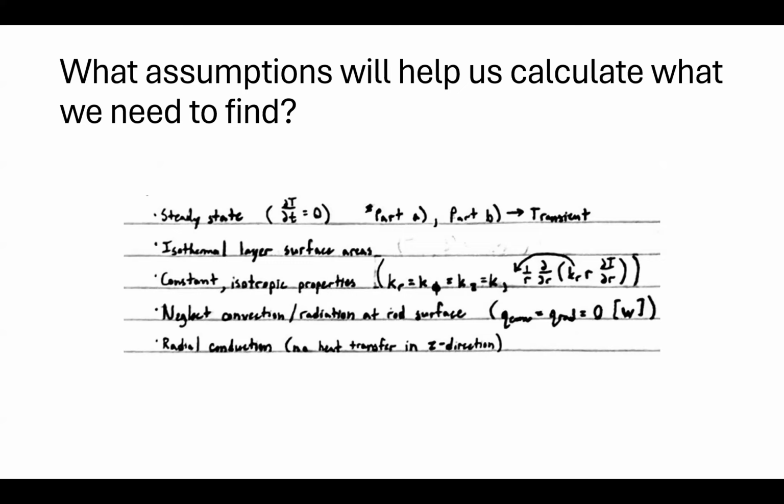We're going to assume that each cylindrical layer within the fuel rod is isothermal and has the same temperature all throughout that layer. We're going to assume that we have constant isotropic properties, meaning that the thermal conductivity in all directions is just equal to K. And then we can bring that term out in front of all of the derivatives because it is not varying in that direction.